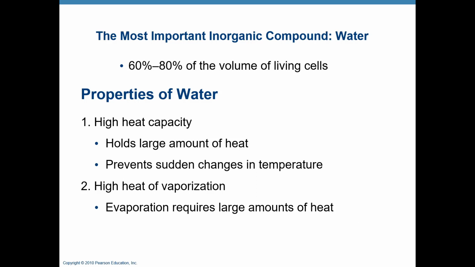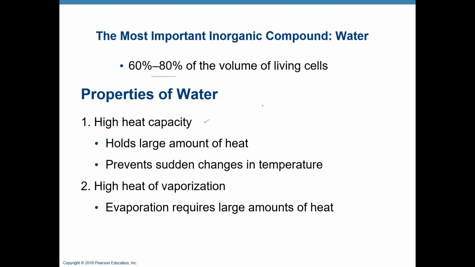The properties of water. Since water is the most abundant chemical in the body, 60 to 80% of the volume of a living cell is water. So water is the main component of living cells of the body. Water has some important properties. One is called high heat capacity.